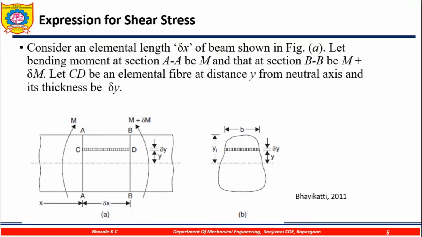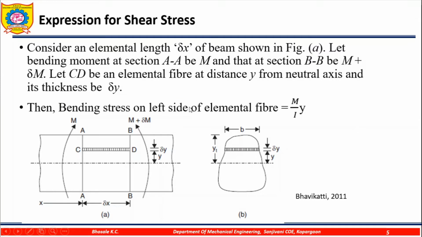So let CD be an elemental fiber at a distance of y from the neutral axis and its thickness is delta y. Then the bending stress on the left side of the elemental fiber will be equal to M upon I into y.